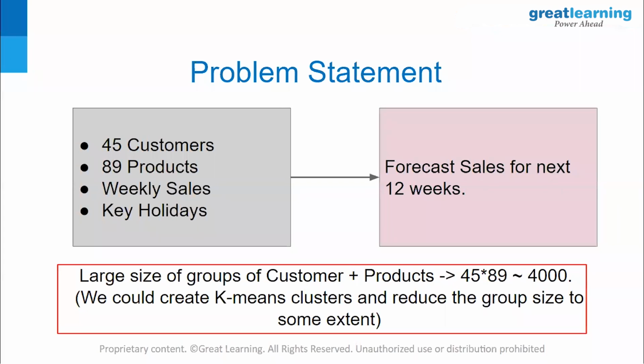It will actually trim the cardinality of your problem. So instead of 4,000 categories, you may reduce it down to, let's say, 50 or 100 categories. But again, when you inspect your clusters and the results, you need to be very careful, because in that case, you cannot compare customers by customers. You will have to compare cluster by cluster.